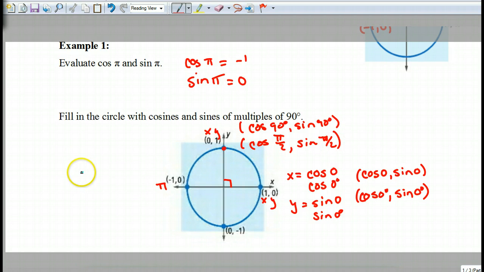On this side of the circle, I could do cosine of 180 or sine of 180 for my circle, and this is the value that comes out for my ordered pair. Or I could say cosine of pi, sine of pi.